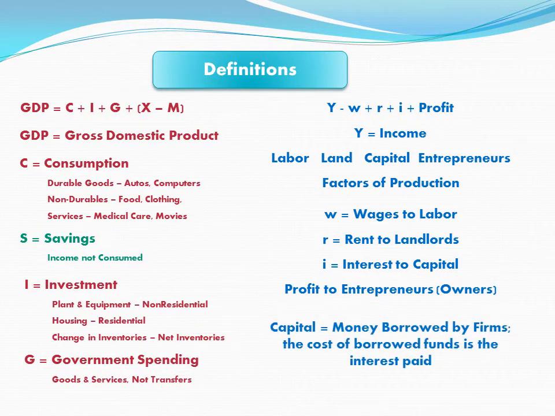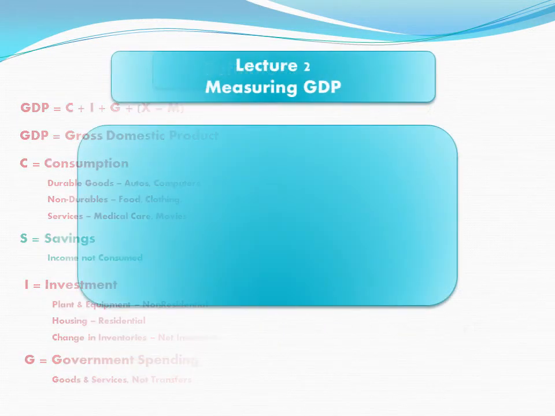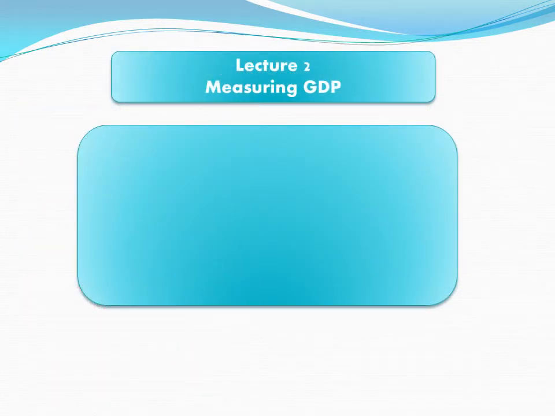And then here we've talked about capital, interest going to capital. That's money borrowed by firms. And the cost of borrowed funds is the interest paid. So here's a basic view of the circular flow model that we're going to use for our macro analysis.